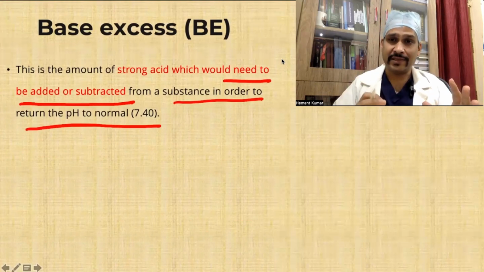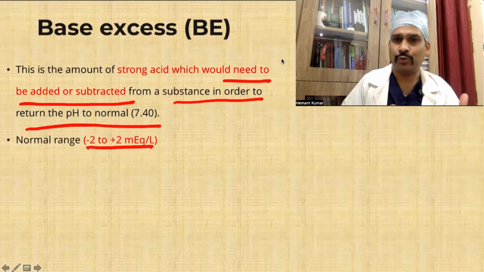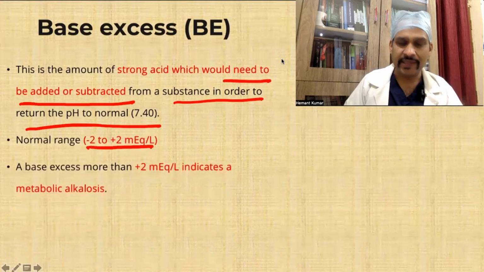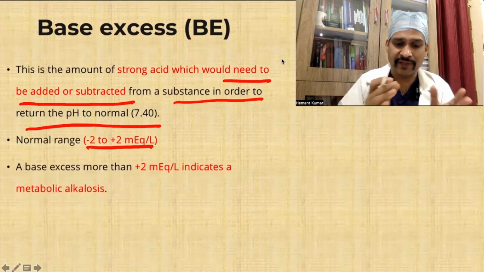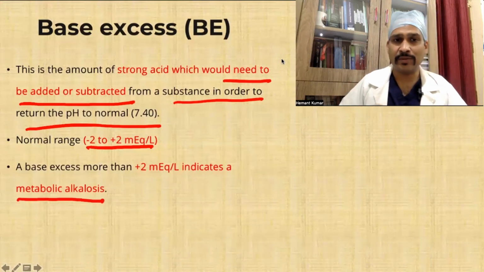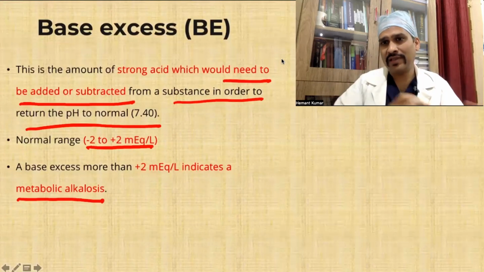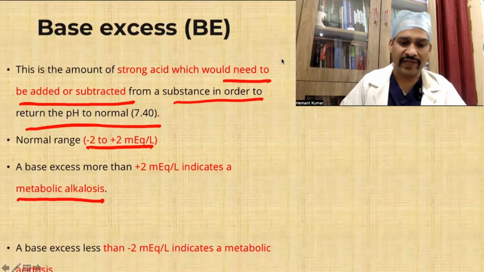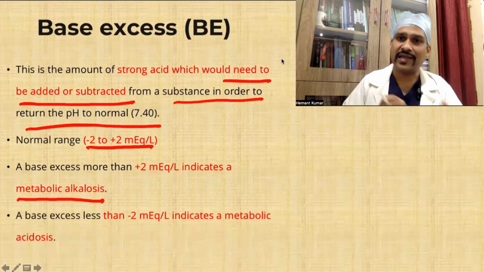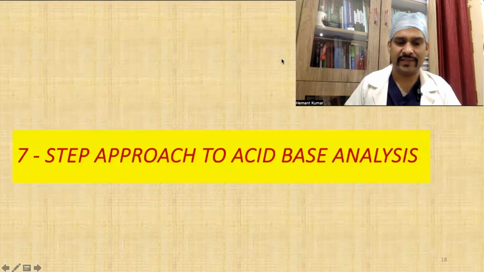Base means alkali, so it ranges from -2 to +2. If it is more than +2, it shows metabolic alkalosis. If less than -2, it is acidosis. So you understand about base excess.